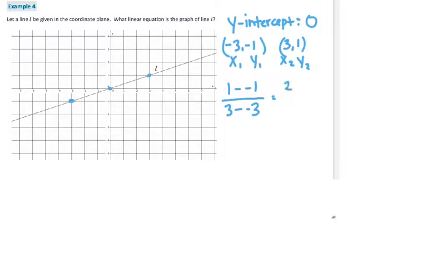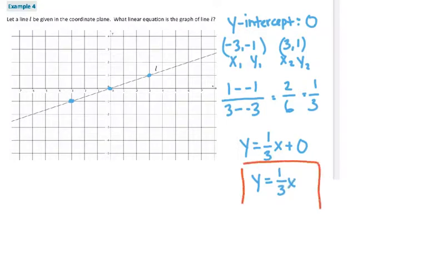So I have 2 over 6, and I can simplify 2/6 to 1/3. So when I write my equation out in slope-intercept form, I very simply have y equals 1/3 x plus 0, but we don't need to include that 0 in there. It's just known. So y equals 1/3 x is my equation in slope-intercept form for this line.